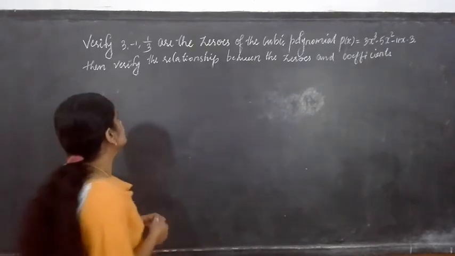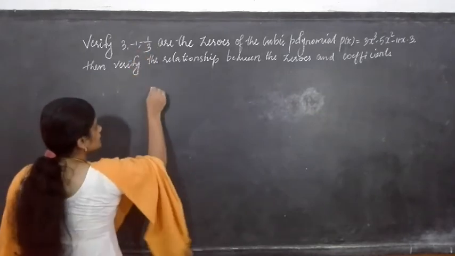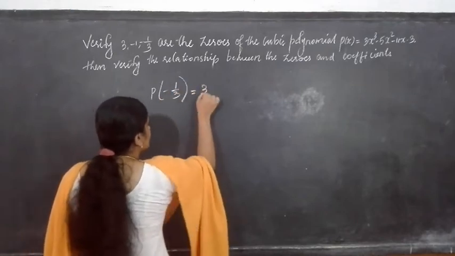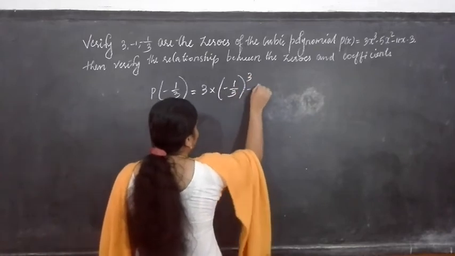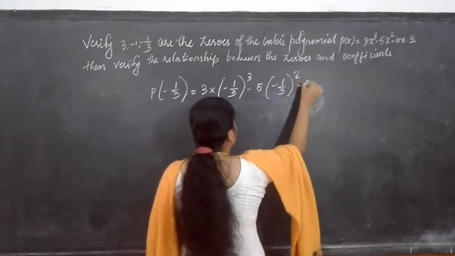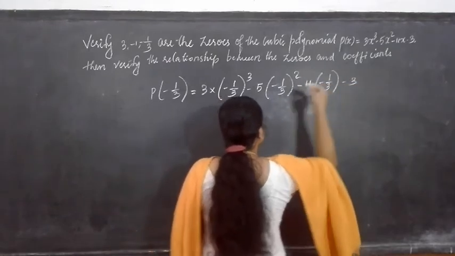Now the next number is negative 1 by 3. So what do you have? P of negative 1 by 3 is equal to 3 into negative 1 by 3 whole cubed minus 5 into negative 1 by 3 whole squared minus 11 into negative 1 by 3 minus 3. That's it.